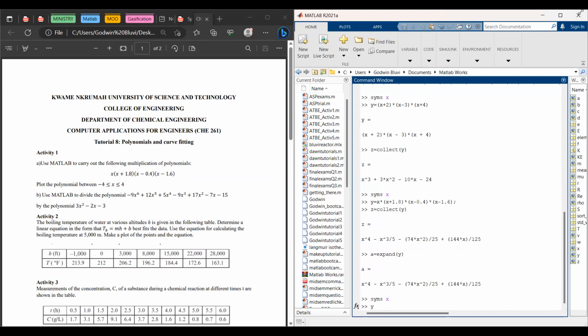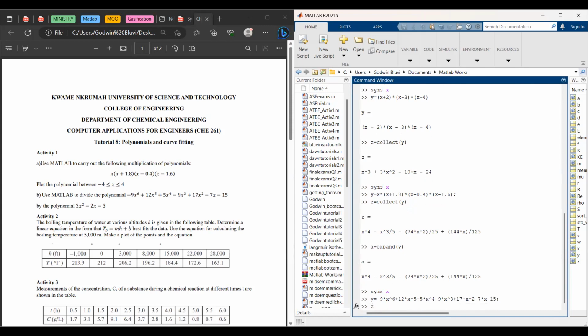So y is equal to minus 9x to the power 6 plus 12 times x to the power 5 plus 5x to the power 4 minus 9x to the power 3 plus 17x to the power 2 minus 7x, then minus 15. Okay, so suppress that.